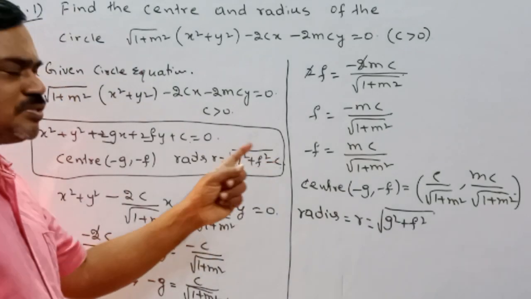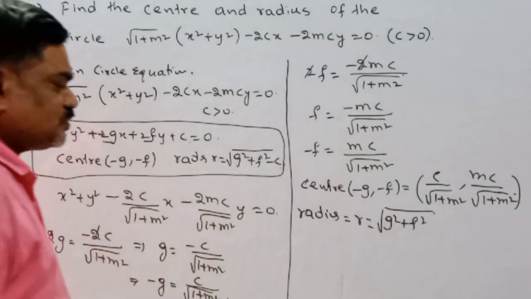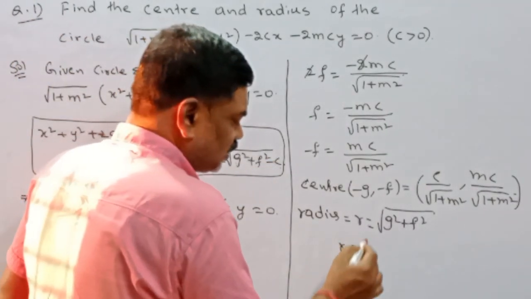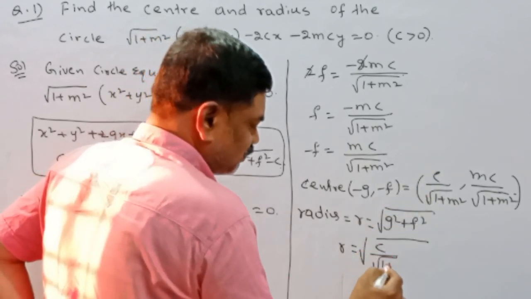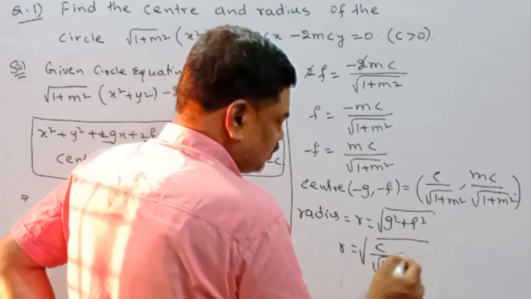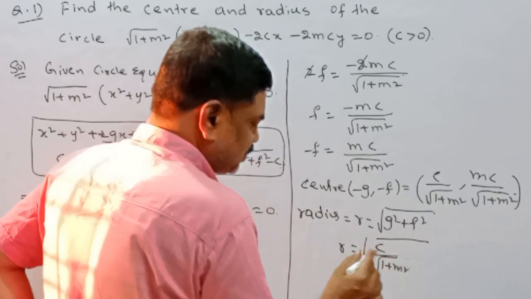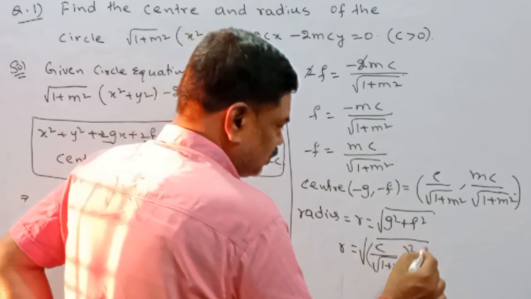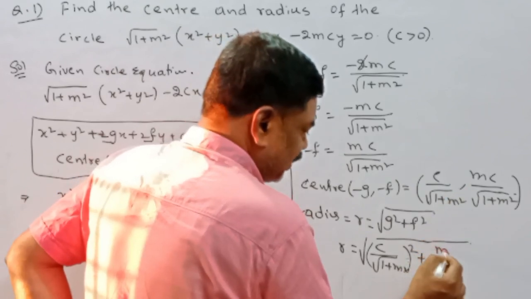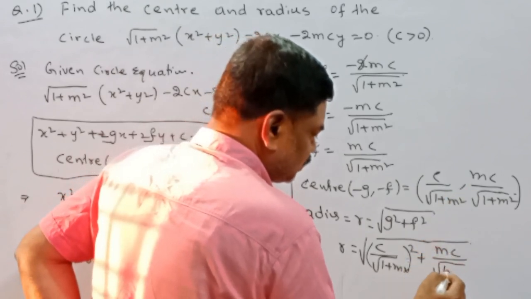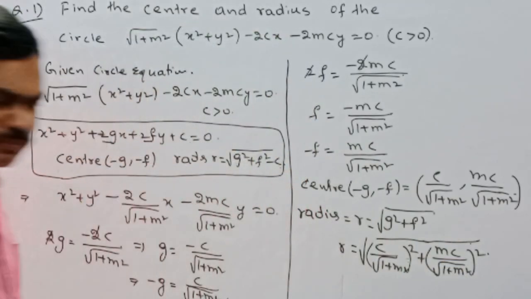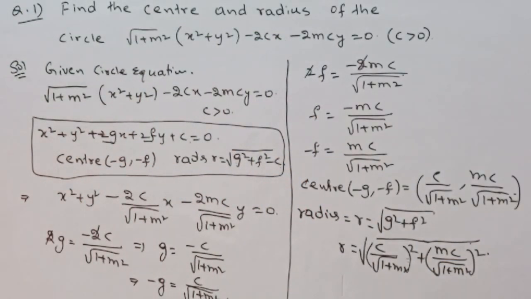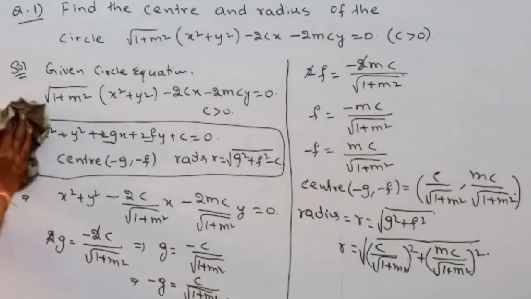So r is equal to root over c by root over 1 plus m square whole square plus mc by root over 1 plus m square whole square. This is the radius, and you simplify that one.